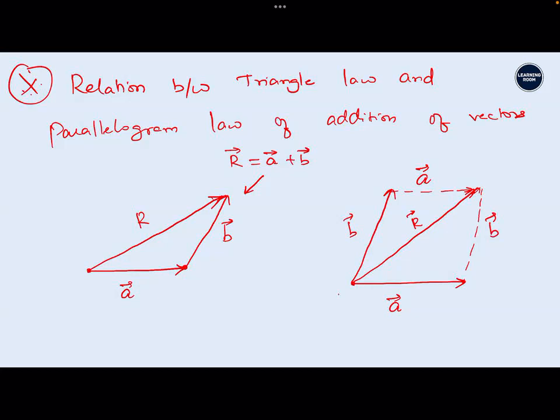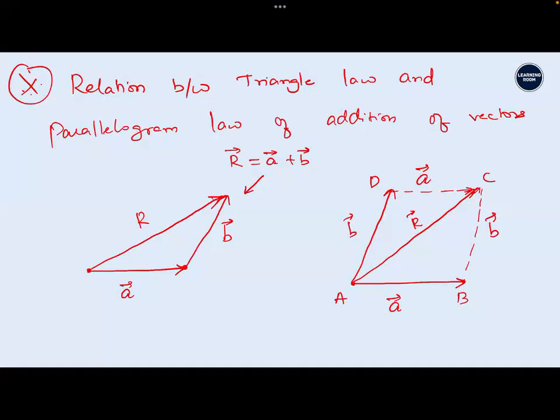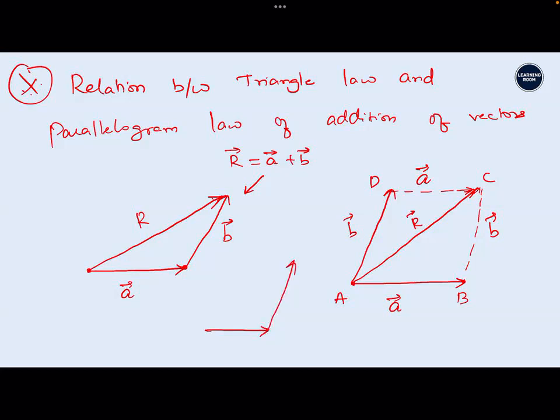Now, this ABCD forms a parallelogram, but if you observe only AB vector and BC vector, which is taken from this parallelogram, then AC vector is given in this format. R vector is equal to A vector plus B vector.